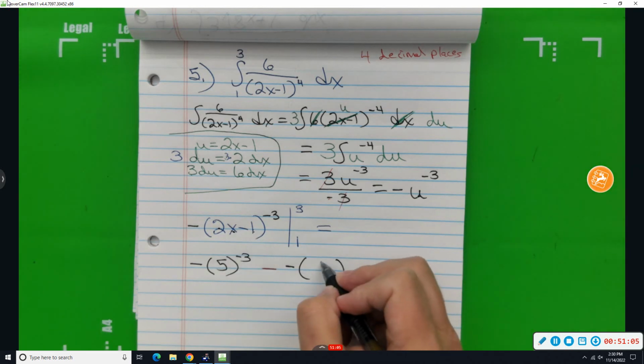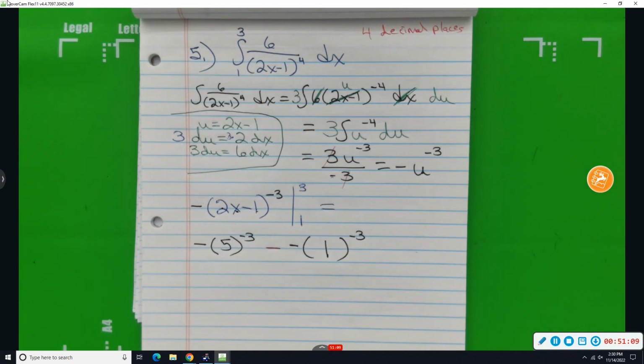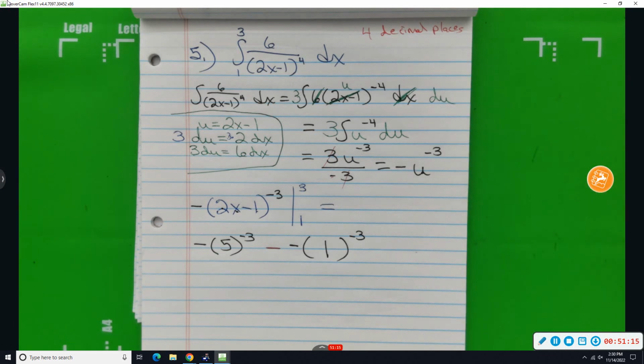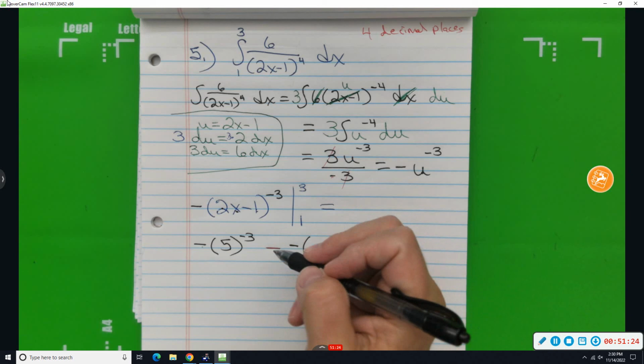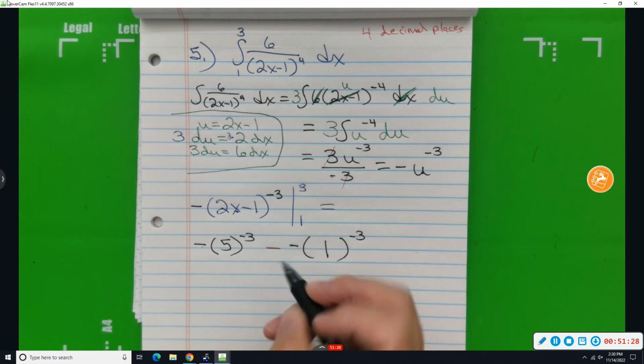Minus 1 is 1 to the negative 3. And they want it rounded to 4 decimal places. Otherwise, I'd convert that to 1 over 125 and make it negative. But since they want it rounded to 4 decimal places, I'm going to punch this into my calculator.